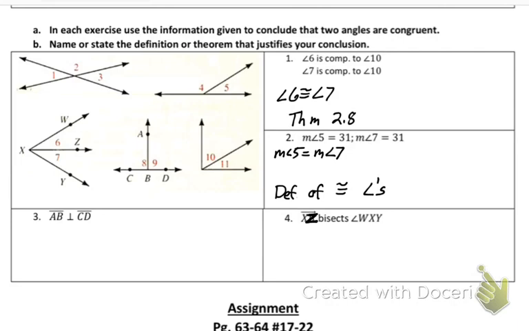You might have also, I'd have been okay with reflexive property. And I think there's a couple more I would have accepted in that one. Not reflexive, transitive. Because you would say measure of angle 5 equals 31, measure of angle 7 equals 31, 31 equals 31. So I can use transitive.